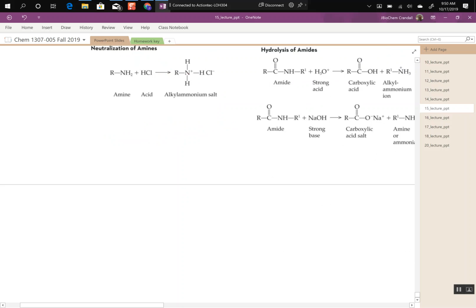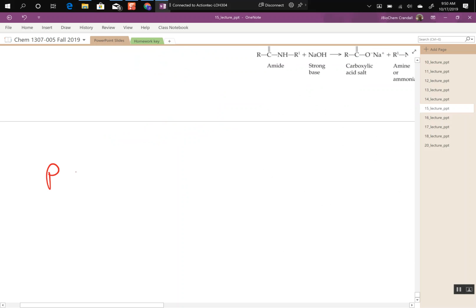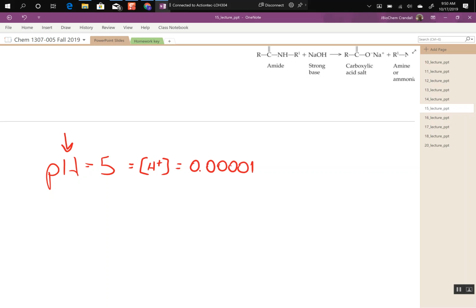So for example, if you have a pH equal to 5, what does that mean? It means the hydrogen ion concentration, the H plus concentration, equals a small number. Is that a big number? No, that's a small number.